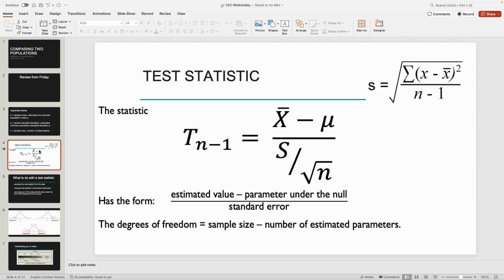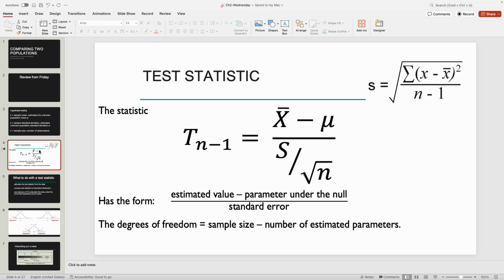This test statistic has the form of an estimated value, which is the sample average, minus a parameter under the null. That estimated value estimates the population mean, and the value that we give the population mean is determined by the null hypothesis, and then we divide by the standard error.